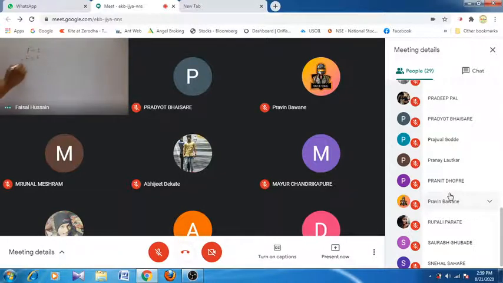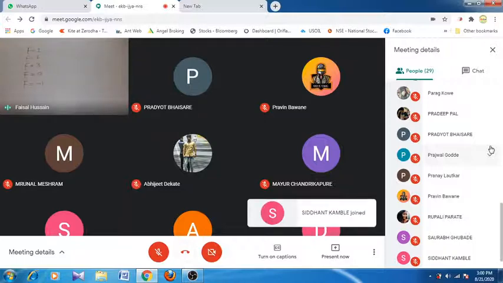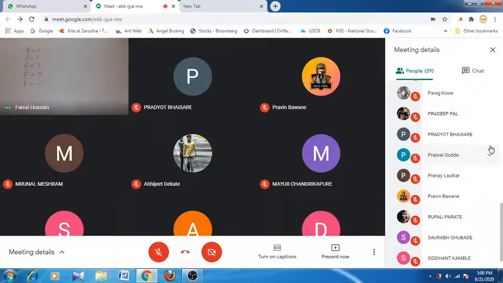For example, degree of freedom in special cases may be 3. For example, degree of freedom may be 0. Degree of freedom can be -1. Similarly, for each and every kinematic chain, there is some degree of freedom.